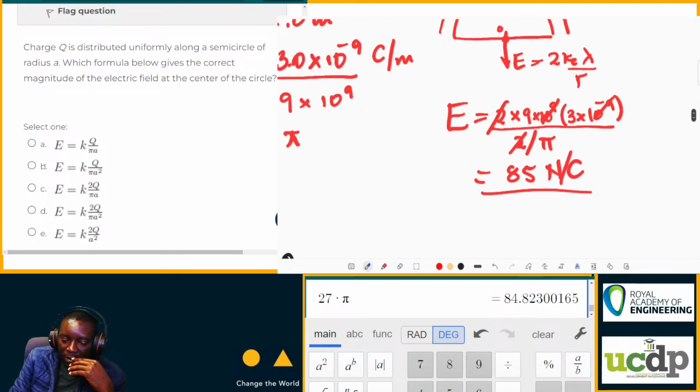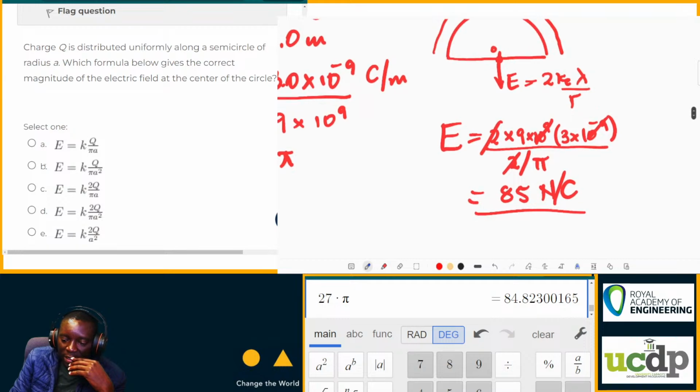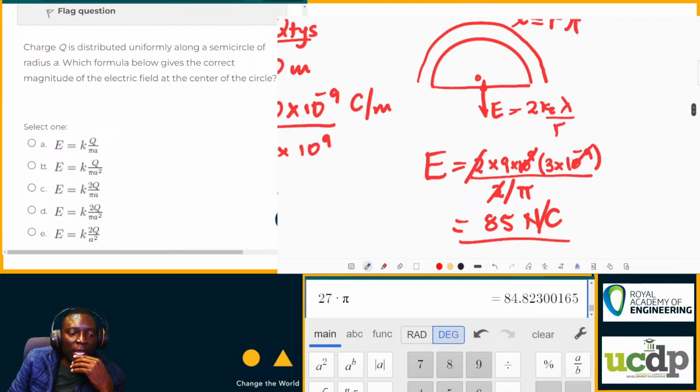Yeah, something like this. There is our expression there. So our radius is A there.